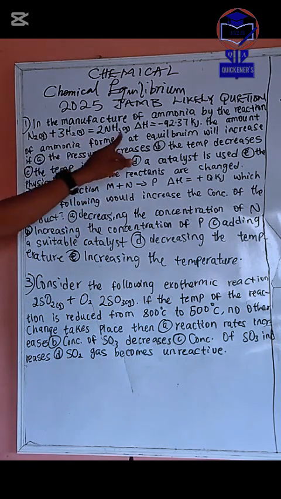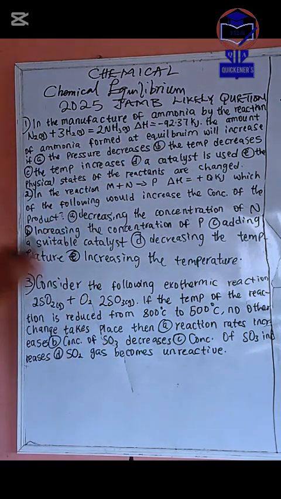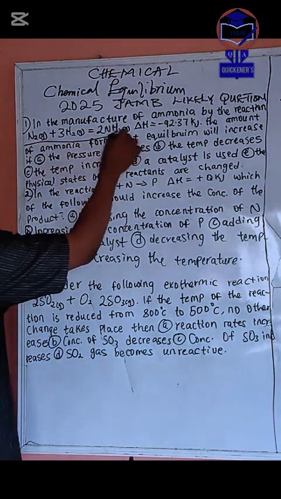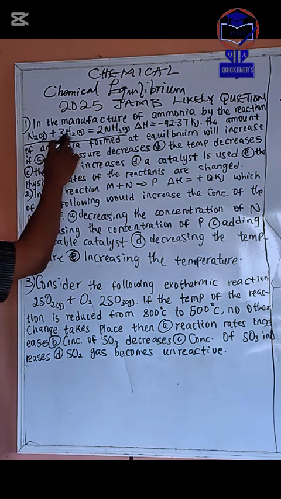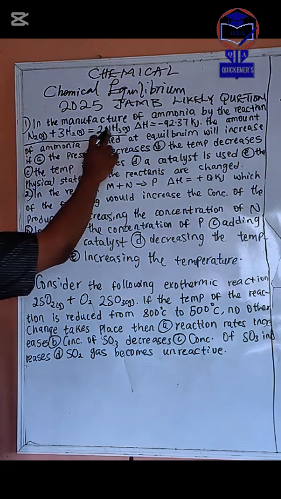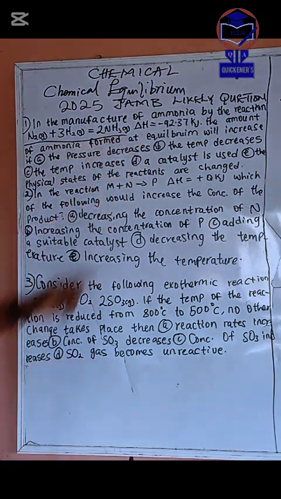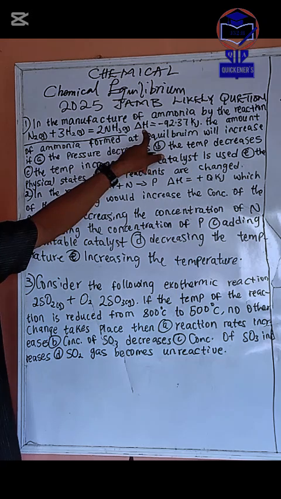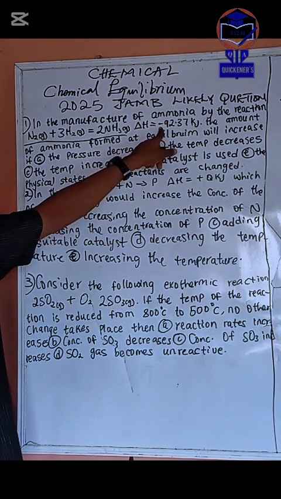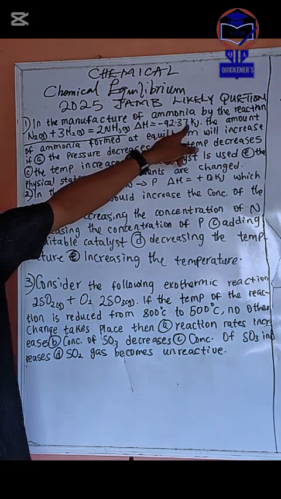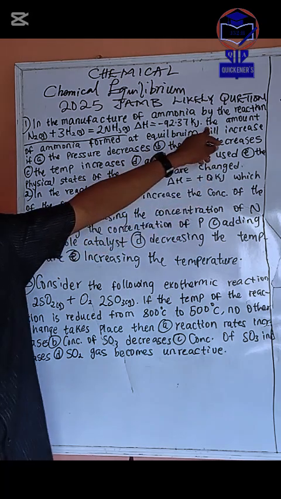In the manufacture of ammonia by the reaction N2 gas plus 3H2 gas gives 2NH3, the enthalpy is minus 92.37 kJ.